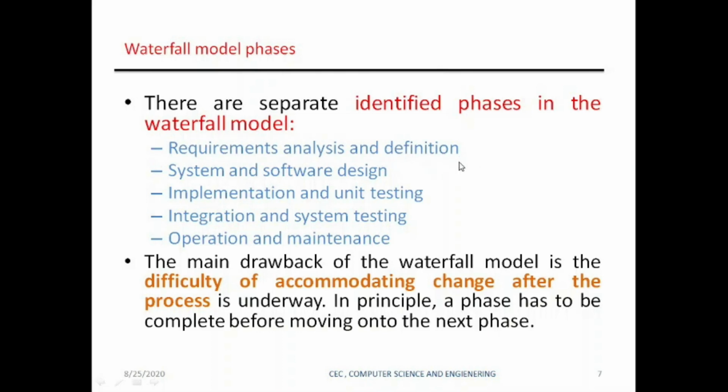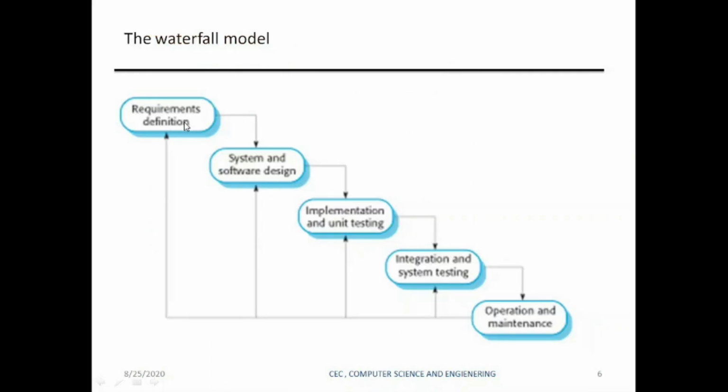The customer comes and talks to the software engineer for the development of a product. The requirement team will analyze the requirements of the customer and start producing the document for the next team.